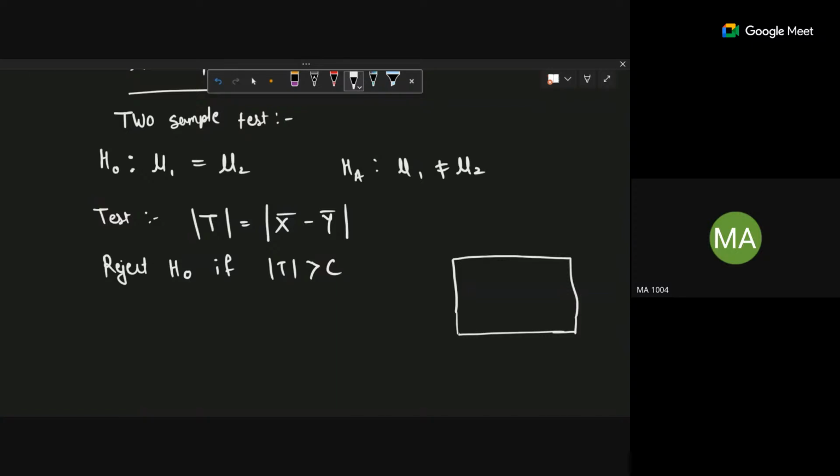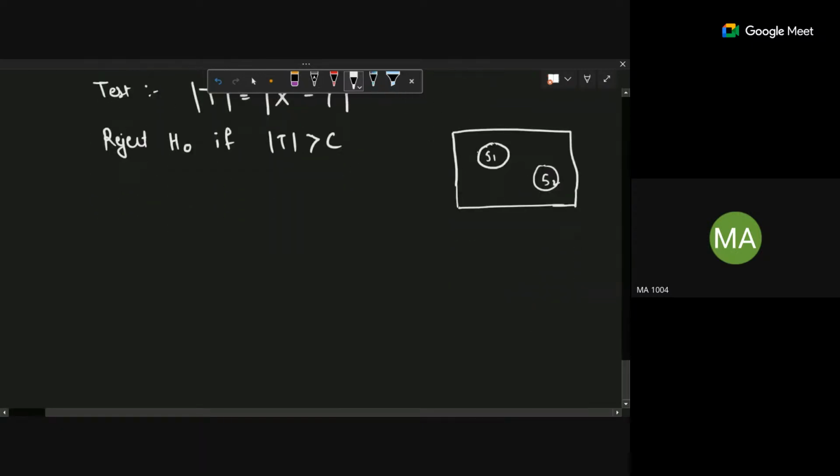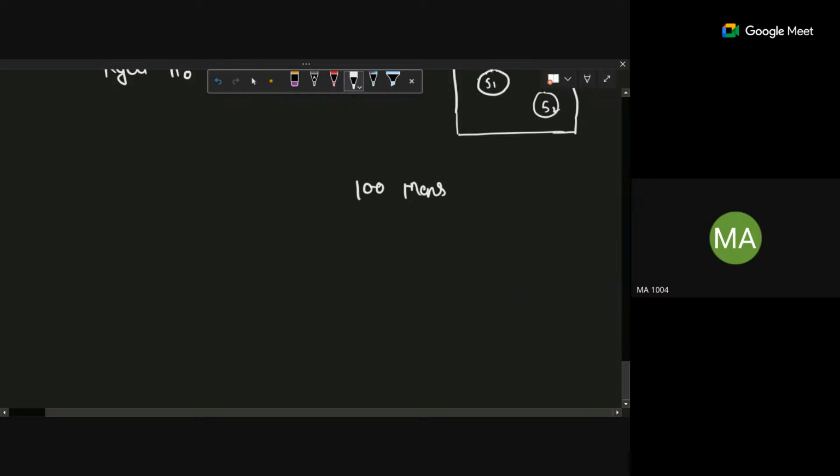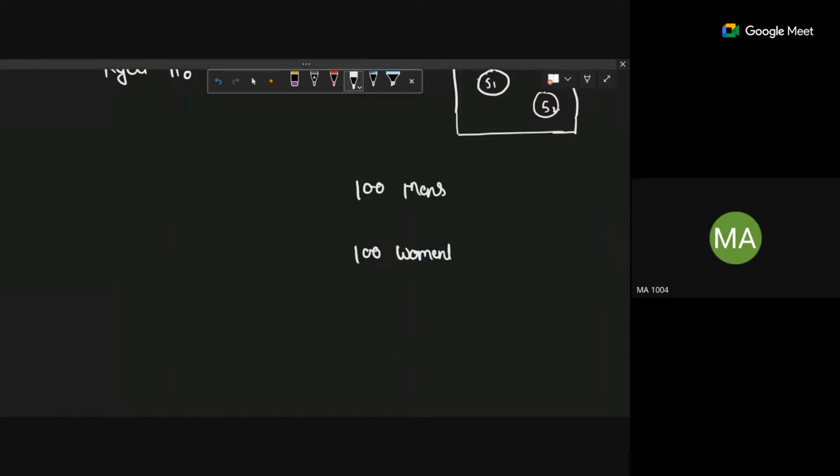So what will you do? We will take a sample, right? Let's say we have considered two samples: this is sample S1 and this is sample S2, for men and women. In this particular study, they have taken 100 men and 100 women, and measured their time spent on social media in hours per week.